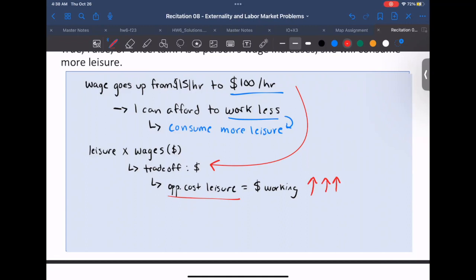In other words, slacking off is going to be a lot more expensive because now instead of foregoing $15 an hour, I'll be foregoing $100 an hour. So, as we can see, there are two conflicting events.